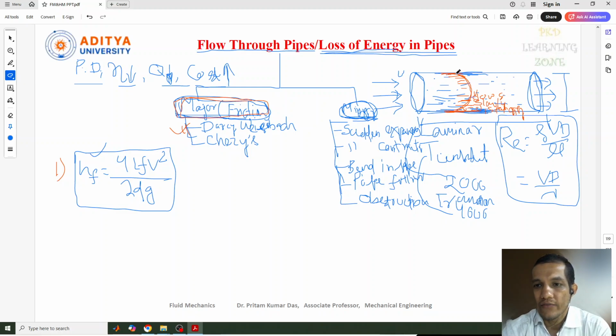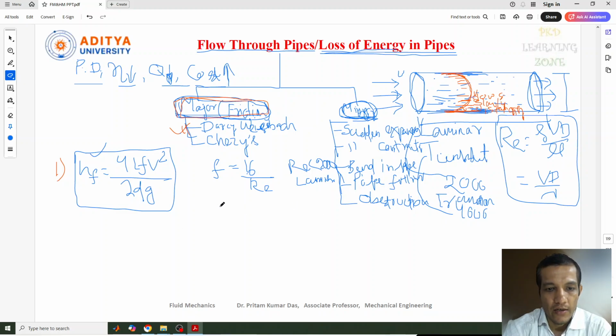This coefficient of friction f depends on the Reynolds number. We have seen that for laminar flow, the coefficient of friction is a function of Reynolds number, and there we got f equal to 16 by Re, when Re is less than 2000, that means when the flow is laminar. Similarly, it will be different when the flow is turbulent.